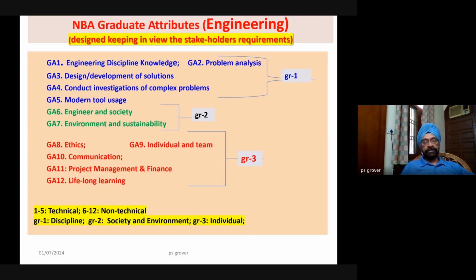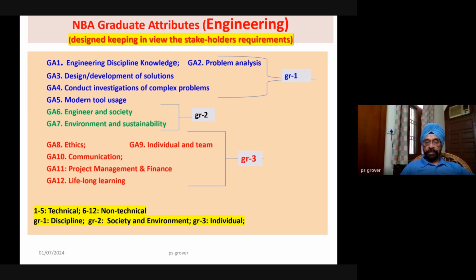You are all familiar with NBA, the National Board of Accreditation, which has specified certain qualities that our engineering students should meet. And you will recall, these are what the Washington Accord and ABET have specified. I'm going to take the example of an engineer.